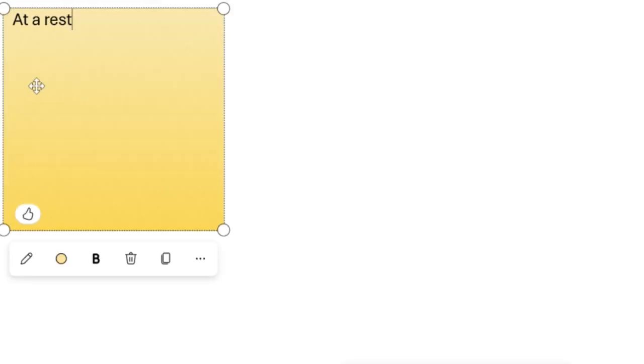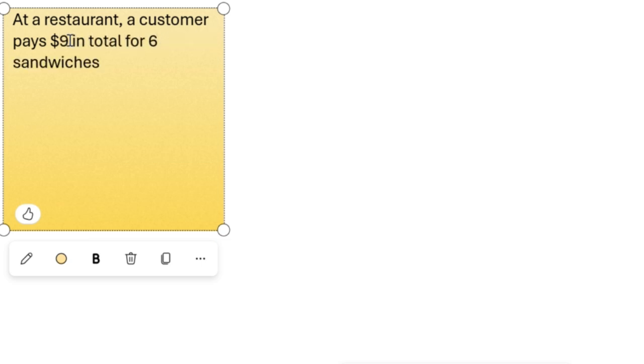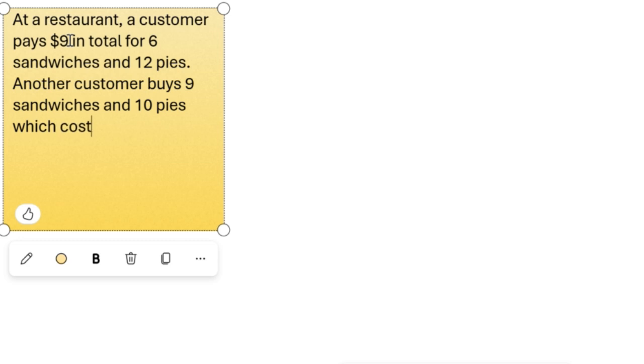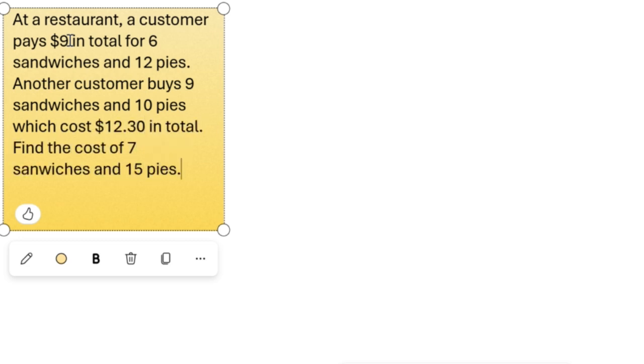You could also be given a word problem, and then you would have to write the equations out before solving. So let's take an example. Okay, so we have this question.